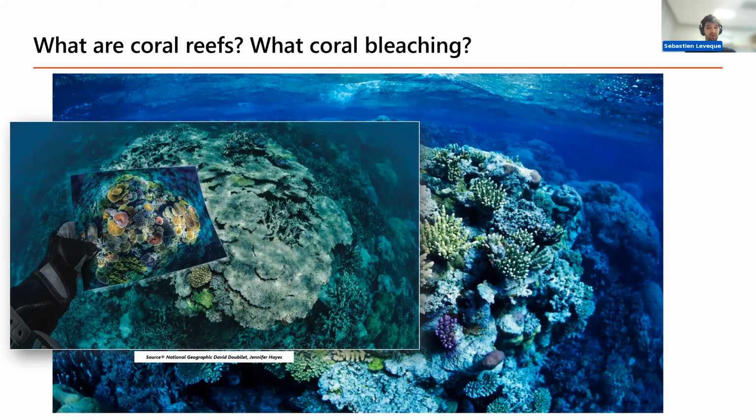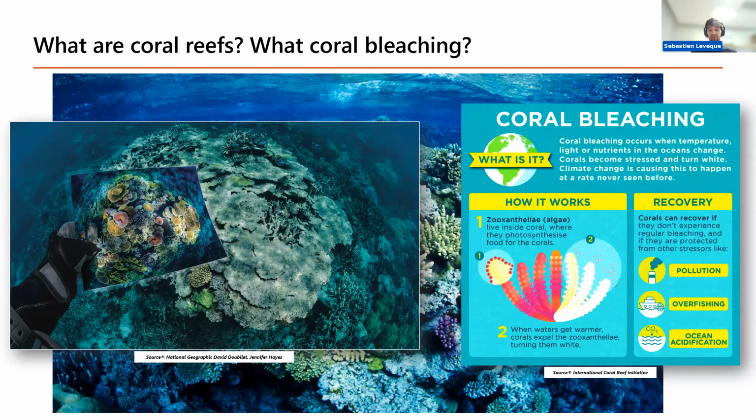This phenomenon causes the symbionts to be expelled from the coral tissue, causing the loss of color for the corals and of the major source of food that occurs within. And this is what we call coral bleaching, which turns the coral into white patches, as you can see on the left picture.